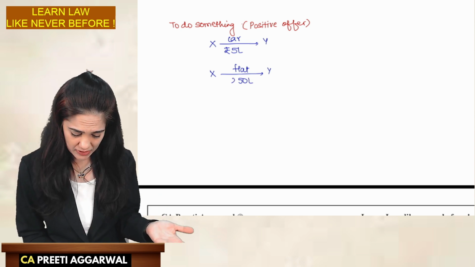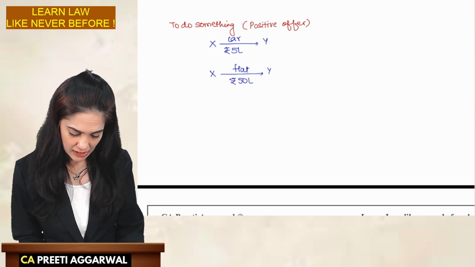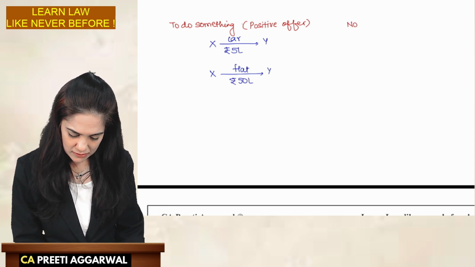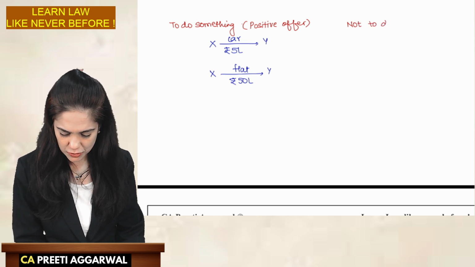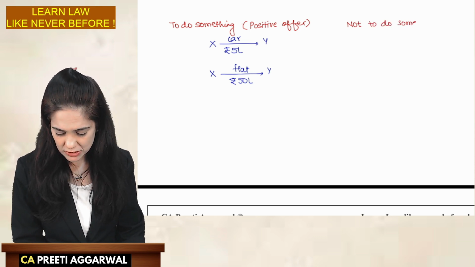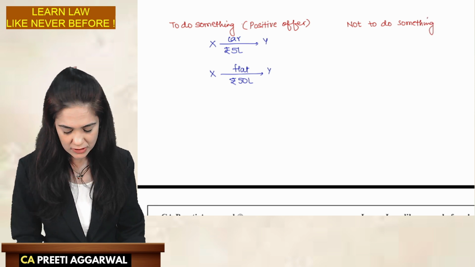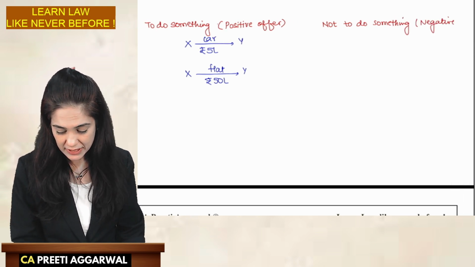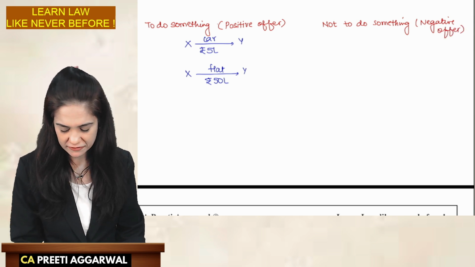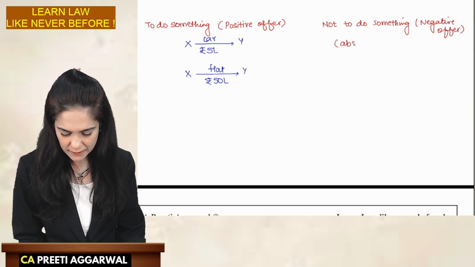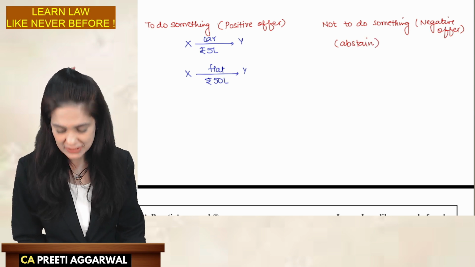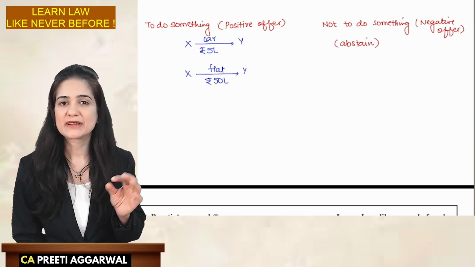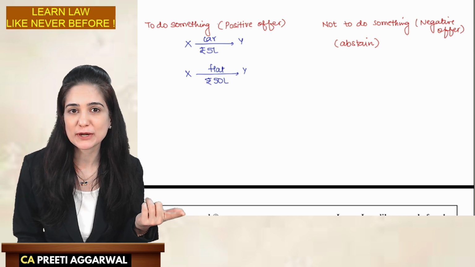It is to do something. It's a positive offer. It also includes not to do something. This is the negative aspect of offer. The word abstain, abstinence, indicates that they are talking about the negative aspect of offer.